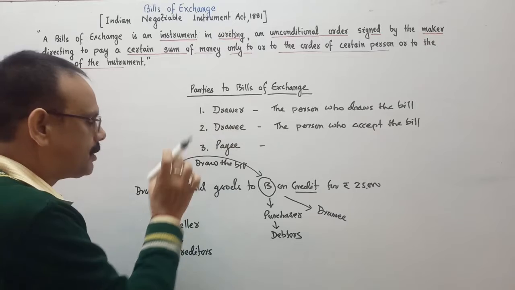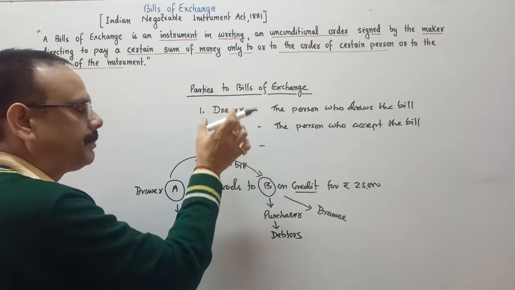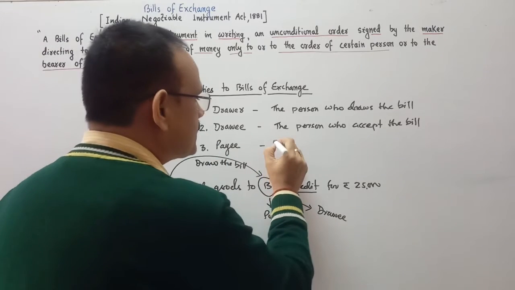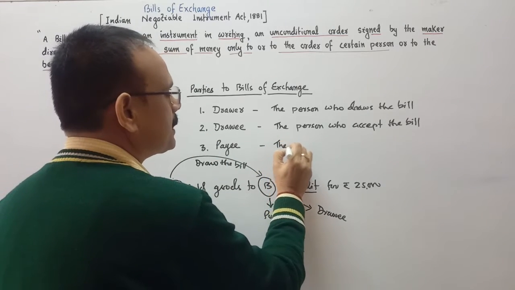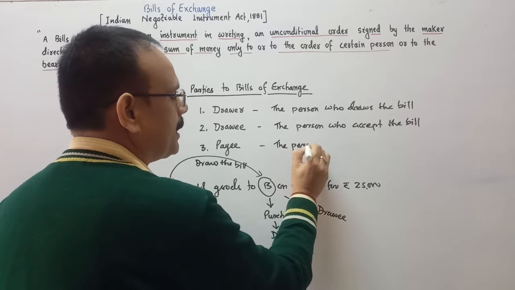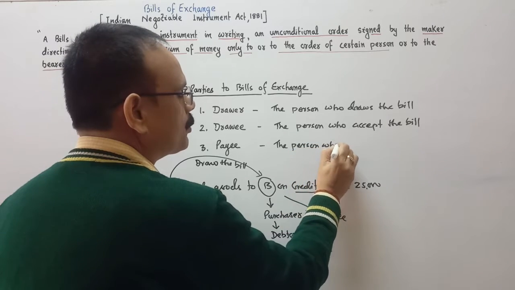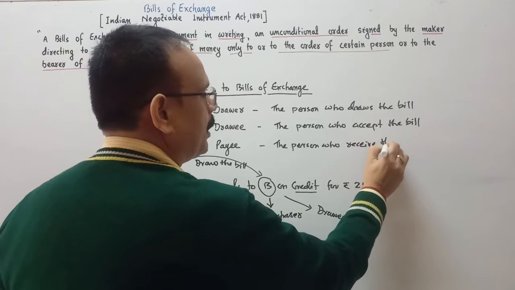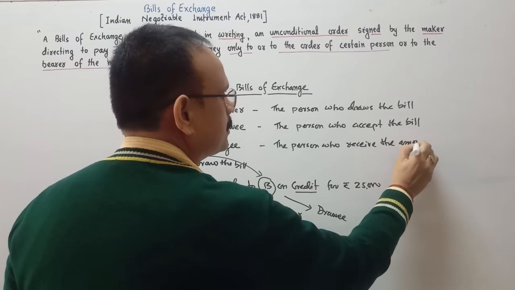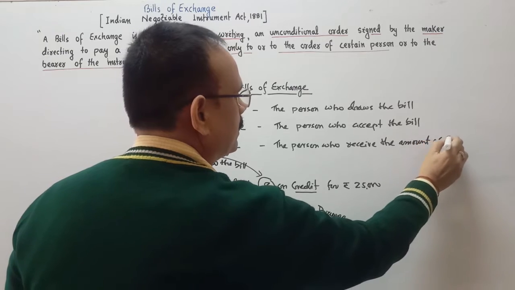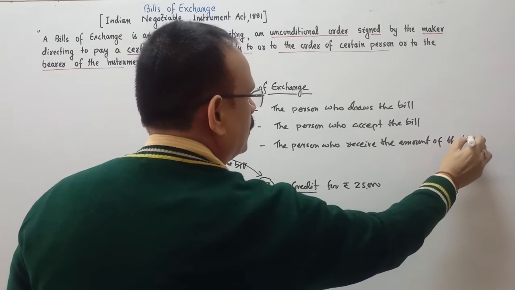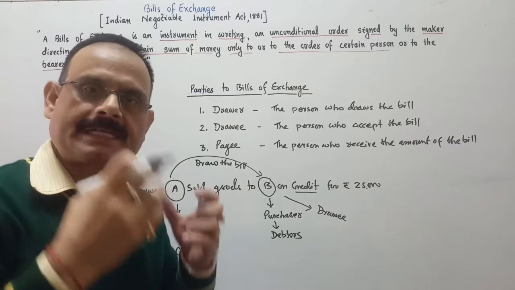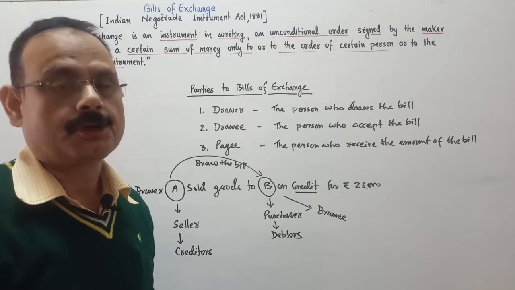So the person who draws the bill is called the drawer, the person who accepts the bill is called the drawee, and the person or party who receives the amount of the bill on maturity is the payee.